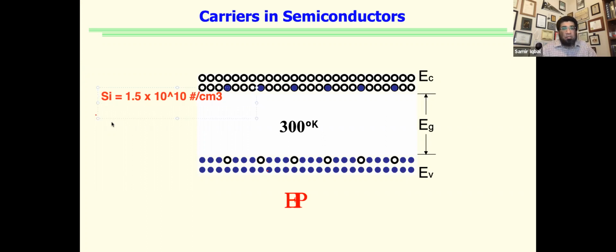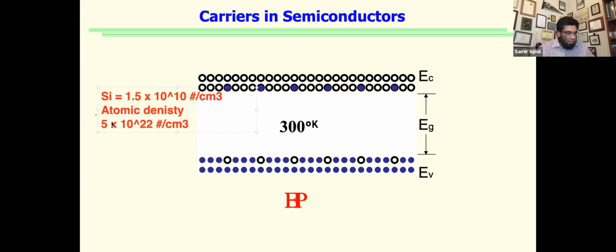And this is coming from the atomic density of silicon, which is 5 times 10 raised to power 22 atoms per cubic centimeter. So think about it. We have 10 raised to power 22 and you just get on the order of 10 raised to power 10 intrinsic charge carriers, very few.